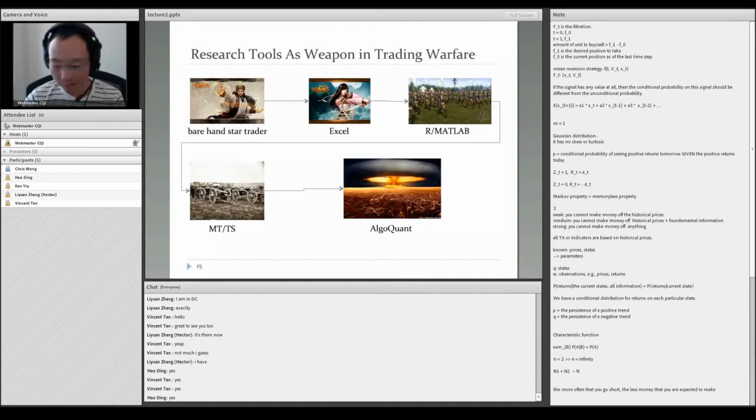Comparing using R with using no technologies at all, you fight with your bare hands. Of course, if you use R, you can construct a mathematical trading strategy a lot quicker than somebody who's doing it using calculators, right? And then you have others, say MetaTrader.